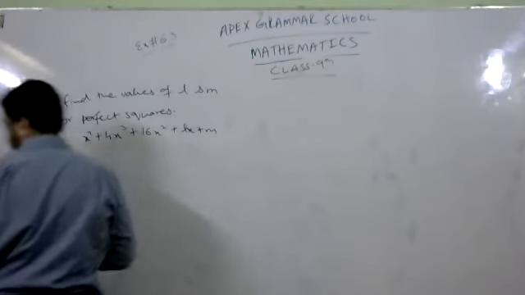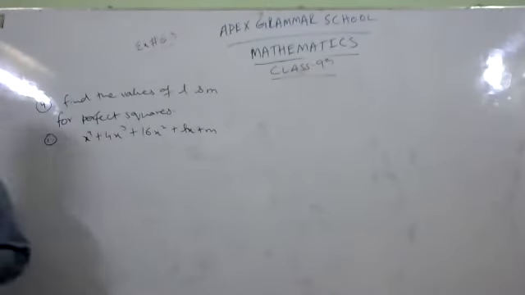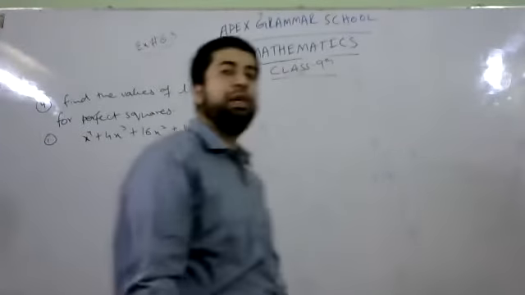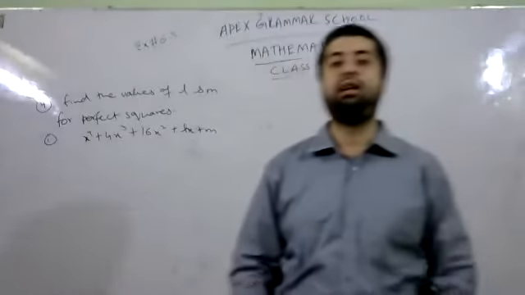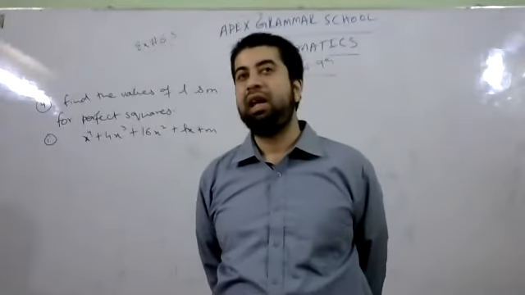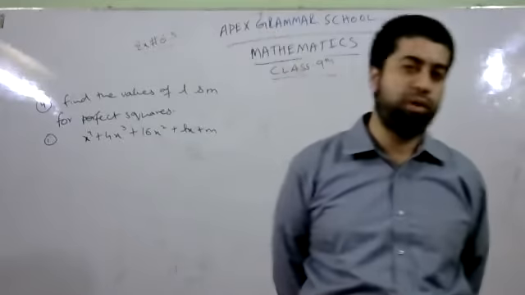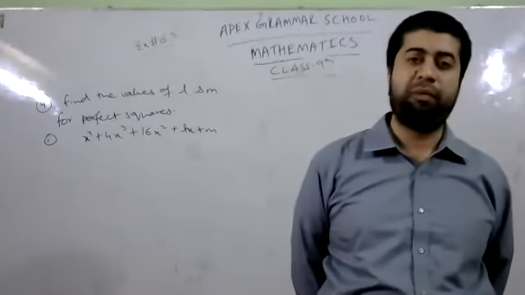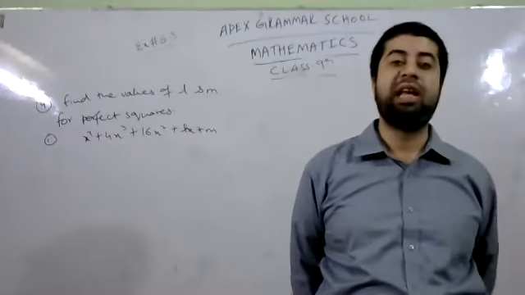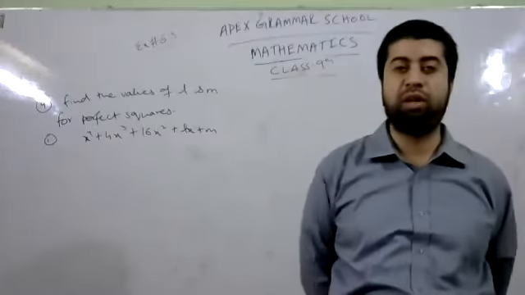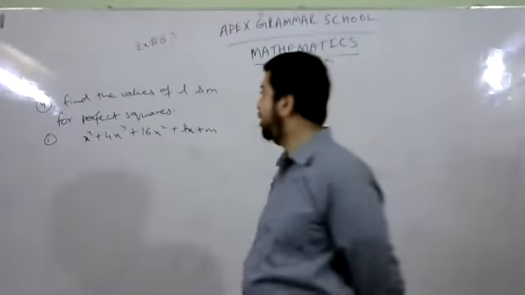plus n. I have already told you, if any expression is a perfect square, then its square root is possible. 4 is a perfect square of 2, so its square root is possible. 16 is a perfect square, its square root is possible. (a plus b) whole squared is a perfect square, so its square root is possible.